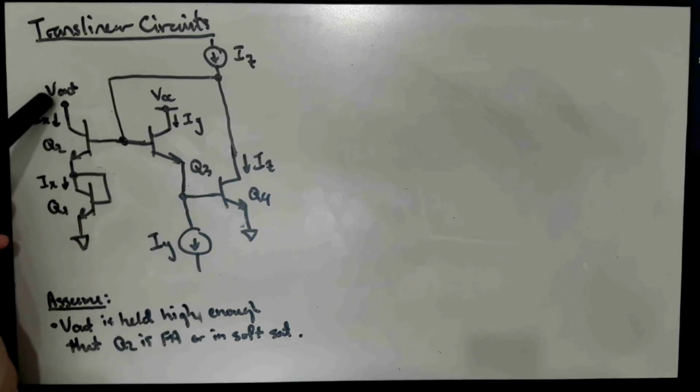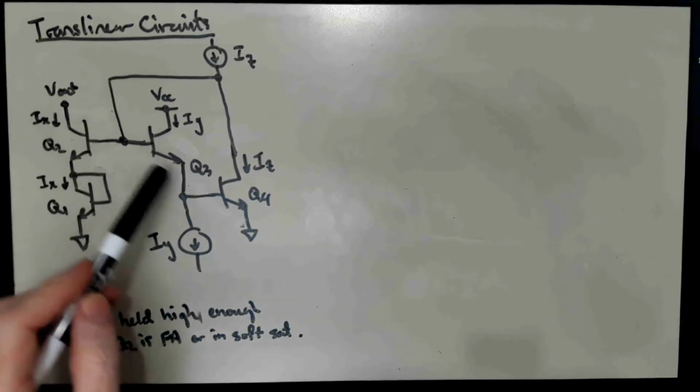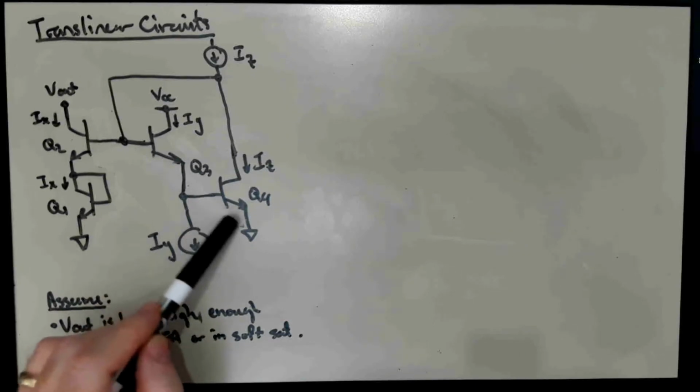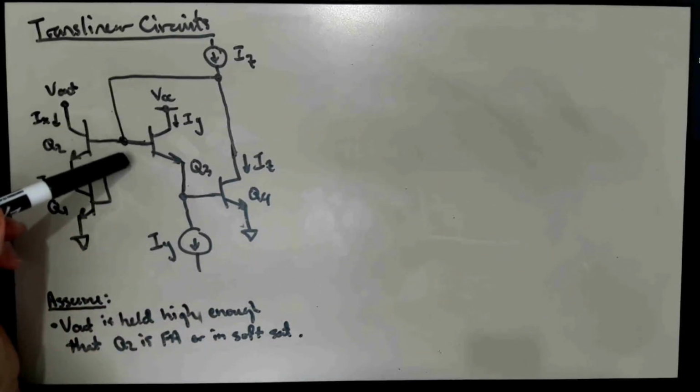So as long as V out is at least, let's say, 0.85 volts or higher, then Q2 would be in soft saturation at least. If V out were greater than this voltage here, which is characterized by basically two diode drops above ground, which might be in the range of 0.8 to 1.4, 0.7 times 2.